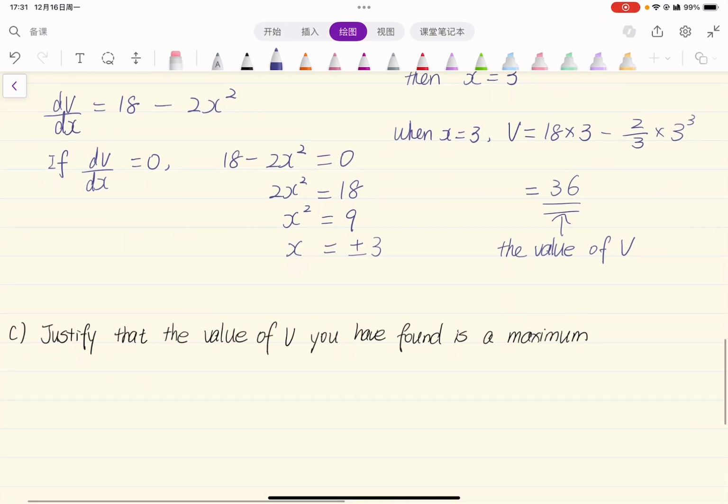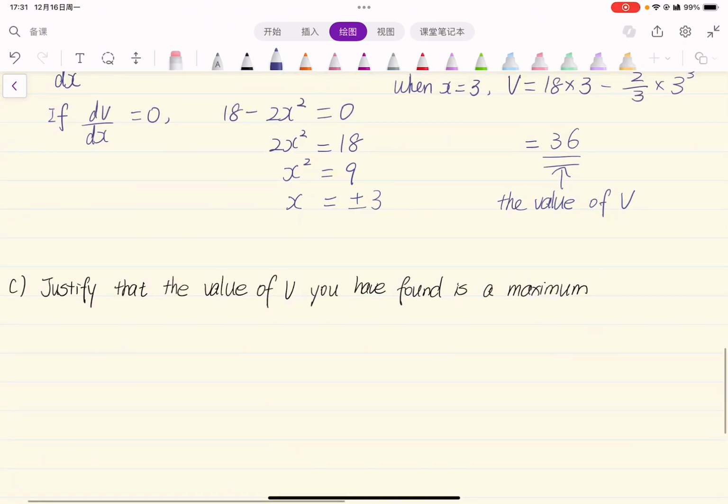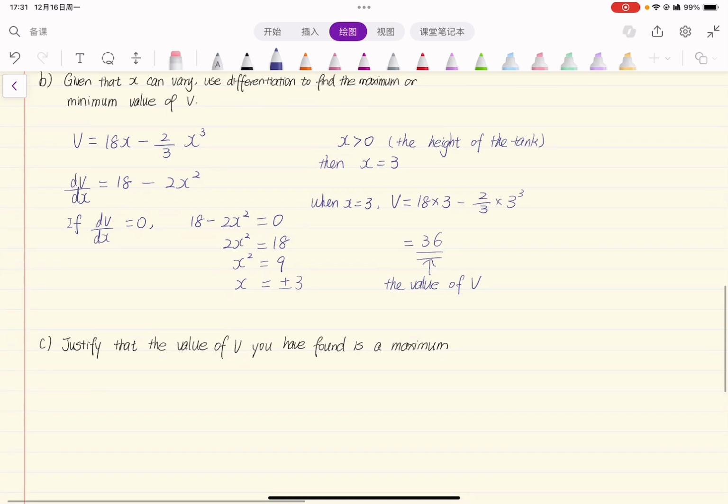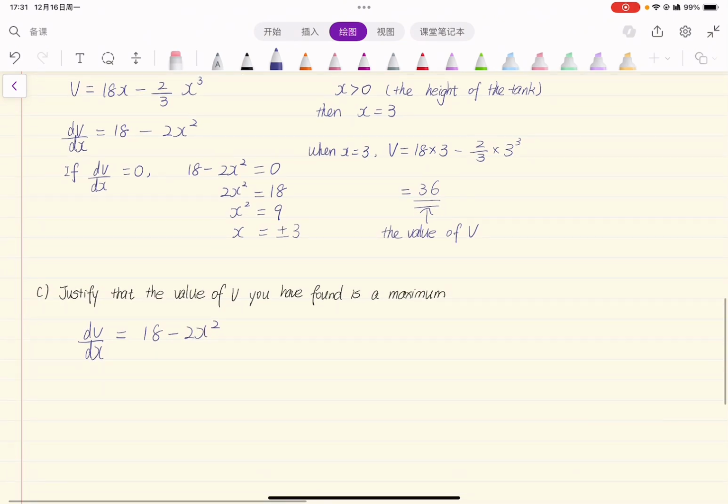And now, part C asks you to justify that the value of V you have found is a maximum. In order to identify the maximum or minimum value, you need to find the second derivative first. From part B, we have dV over dx equals 18 minus 2x squared, which means the second derivative, d2V over dx2, equals minus 4x.